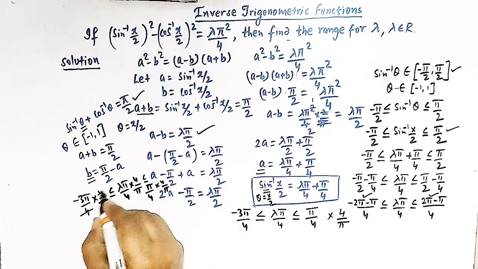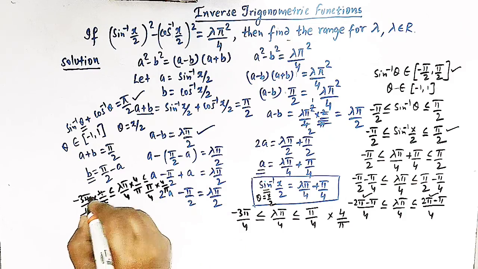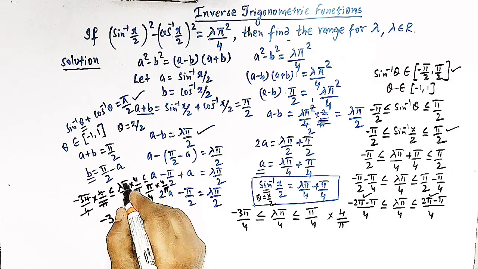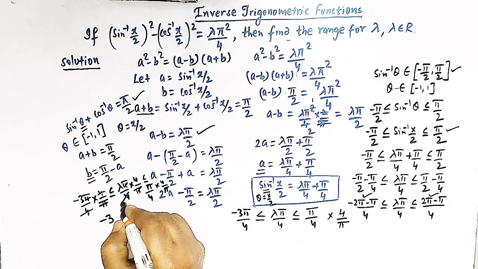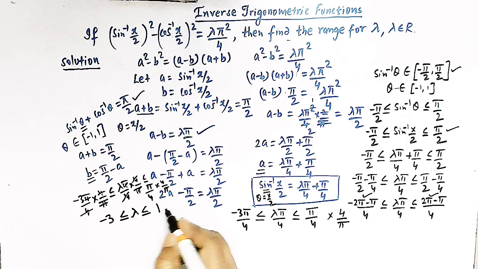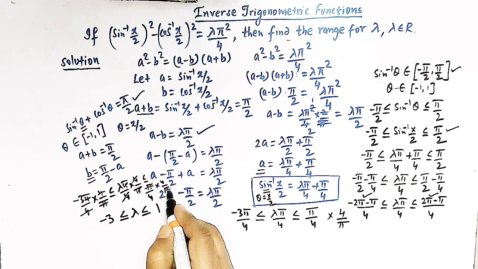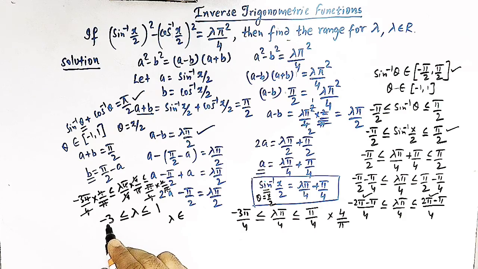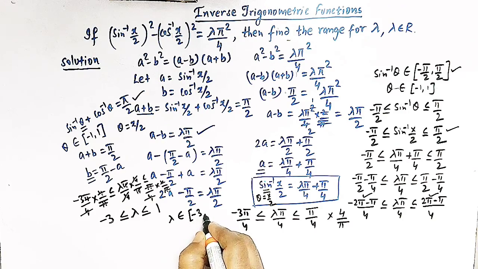So here 4 and 4 get cancelled, pi and pi get cancelled, so we have simply minus 3, and here we have simply lambda, and here we have a 1, because pi and pi get cancelled, 4 and 4 get cancelled. So we have now lambda belonging to the interval that is from minus 3 to 1, right?